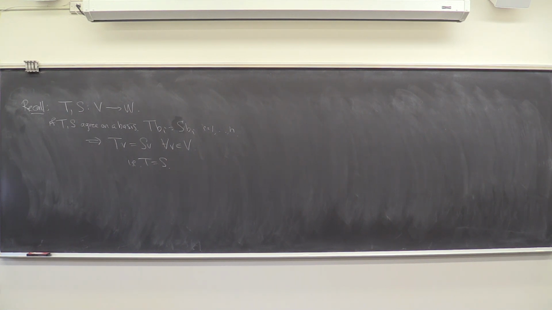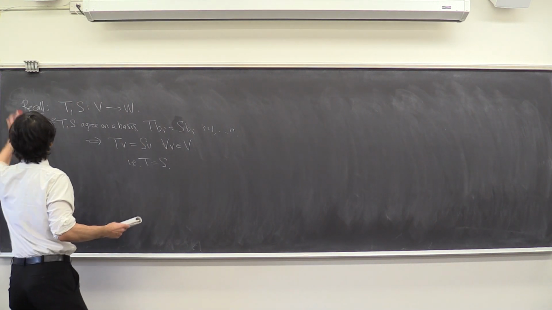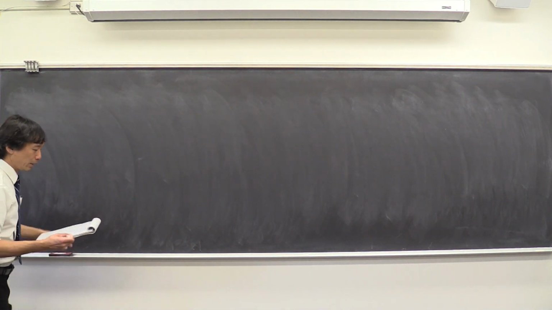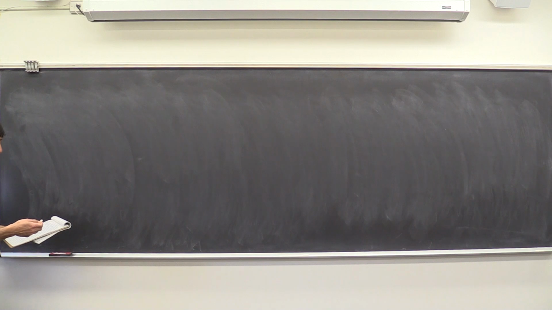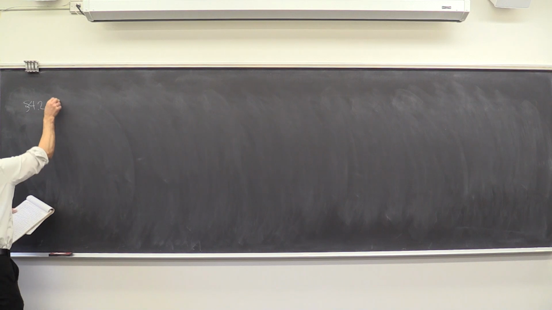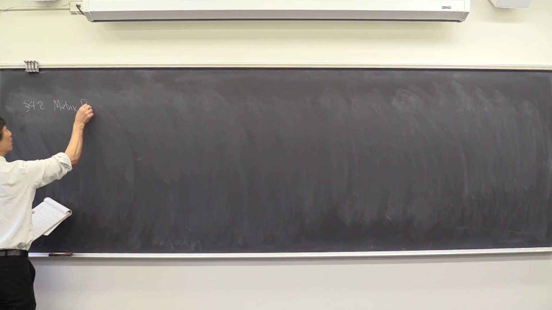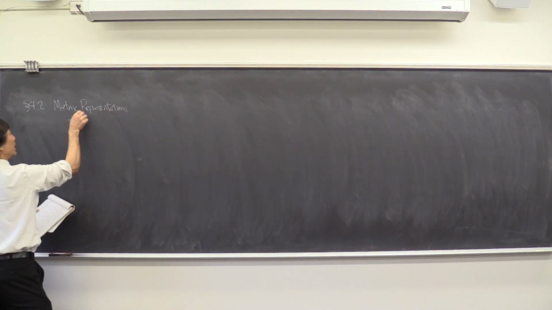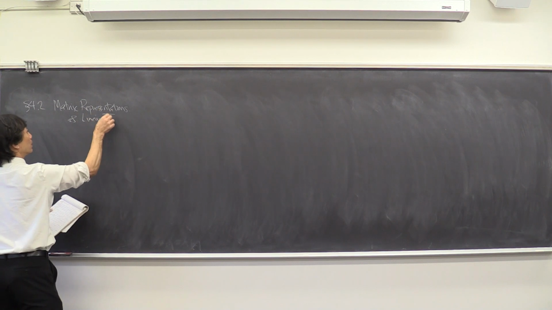So, like I said, we're finally going to go into section 4.2. Section 4.2 is called matrix representations of linear transformations.